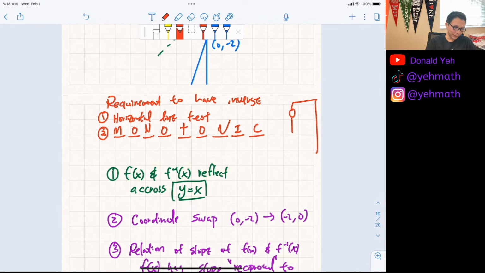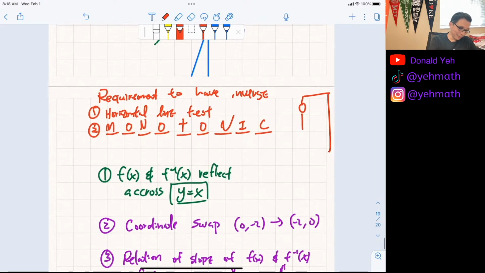Monotonic doesn't mean one drink. Monotonic means one direction. It's not a band, even though you want to talk about a band. So the tonic is actually direction, right? So one direction means strictly increasing or decreasing.